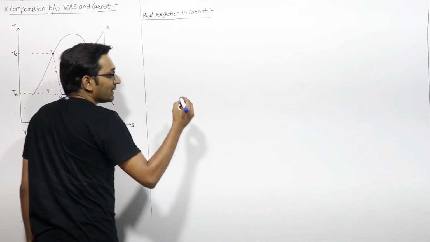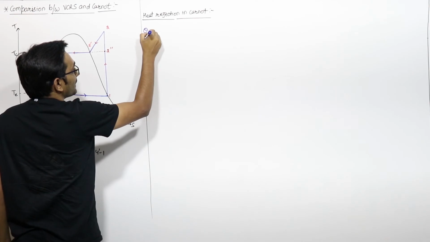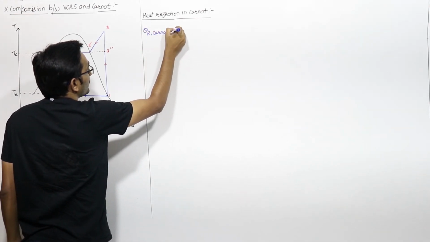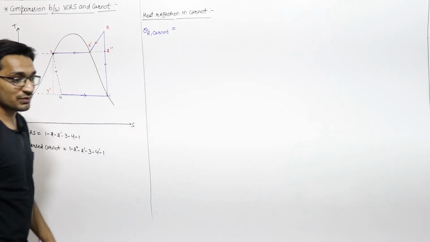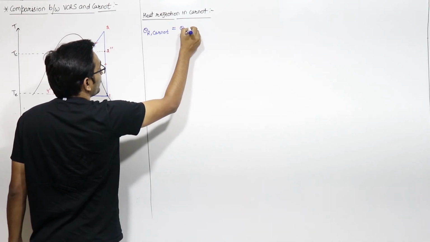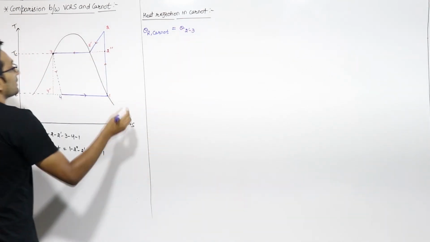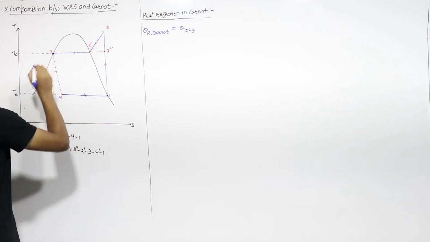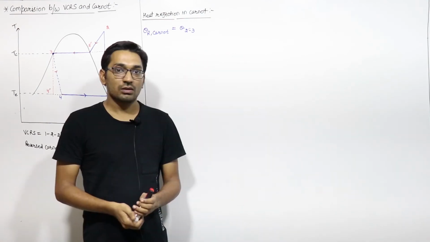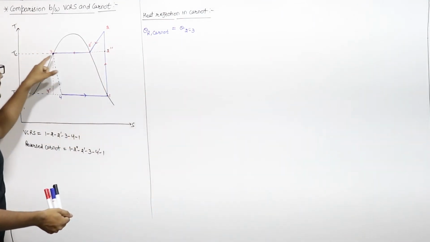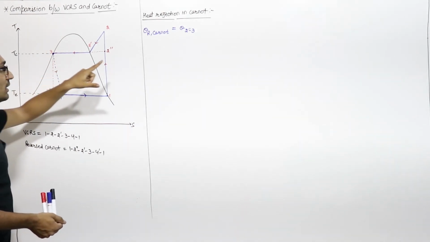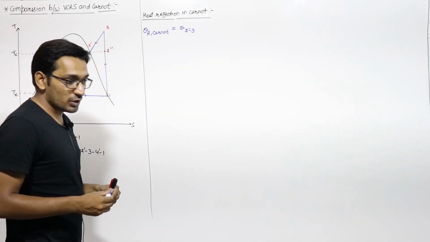So the heat rejection for the Carnot cycle is equal to the heat rejection in the process 2 double dash to 3.